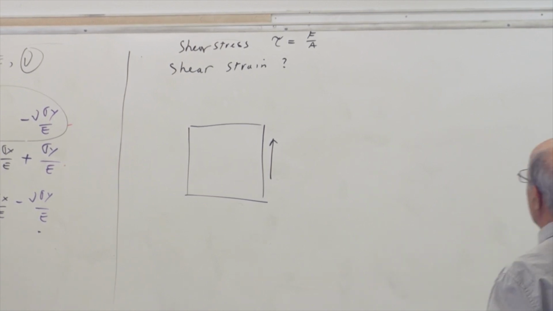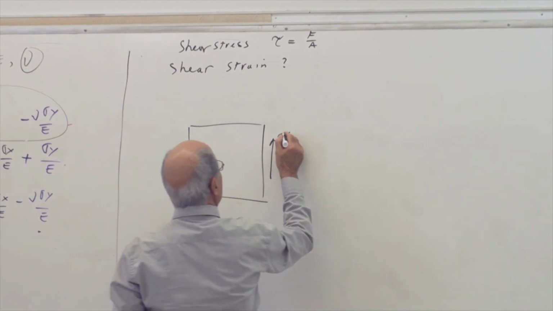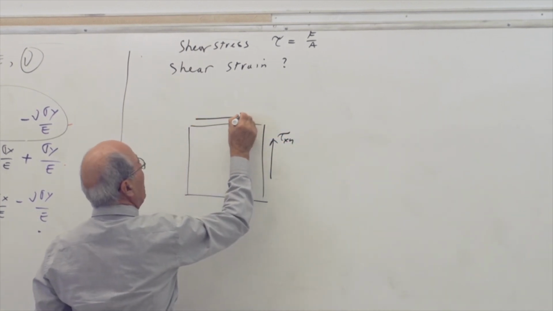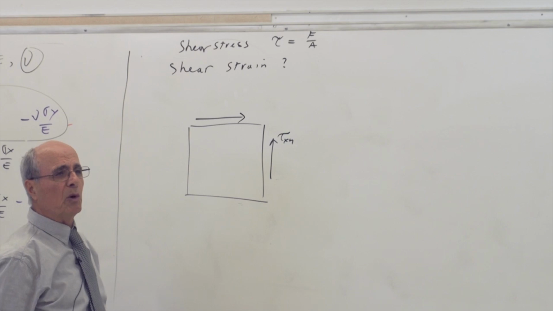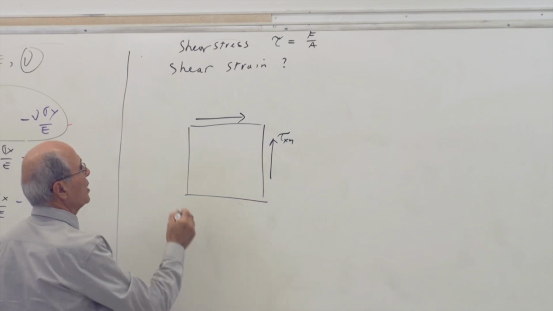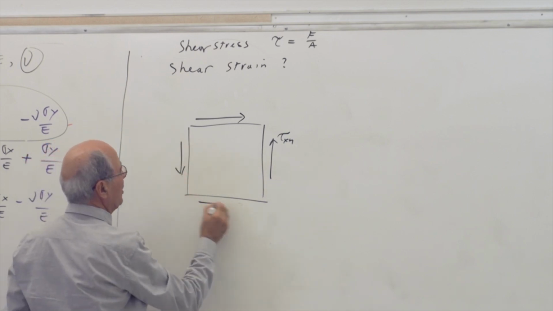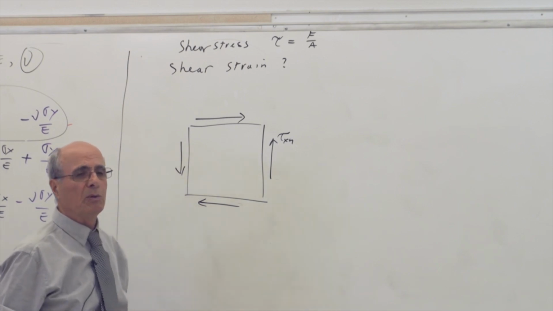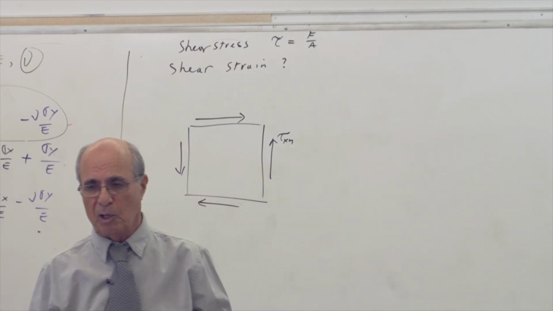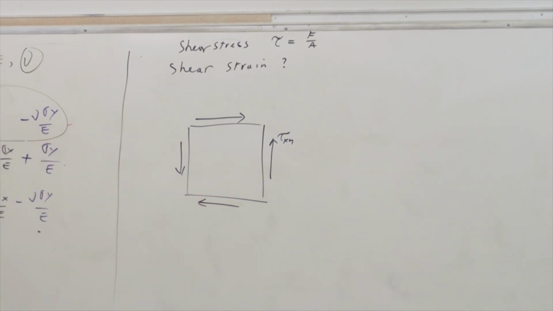Therefore, when I put here tau xy, I have to put here a tau yx as well. The two are always equal. That's why we have to go like this. And this was a positive format. I said this is a positive format, so it is always drawn positive, but in reality, this is sometimes positive, sometimes negative. As the result of this type of loading, let's assume this is the load.